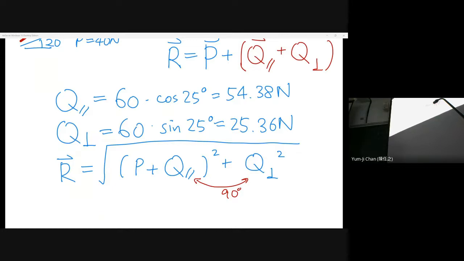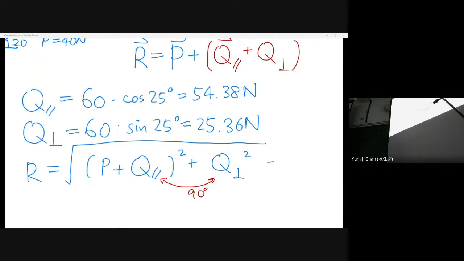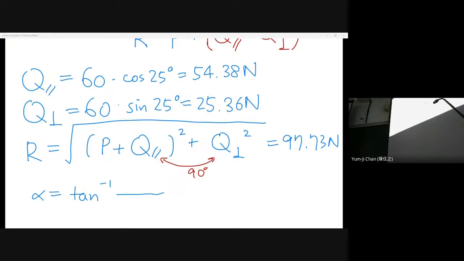Sorry, I should not put the vector sign. So this one is equal to 97.73 Newton. And the angle alpha will be, I'll give you time after this to write it down, okay? Arctangent of 25.36 divided by 54.38. What's the angle? 15.04.